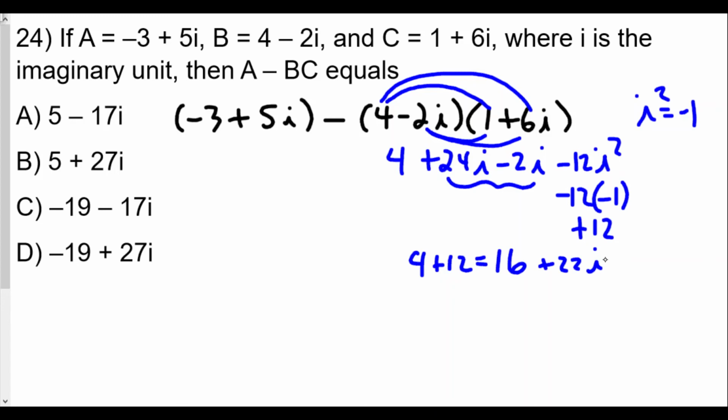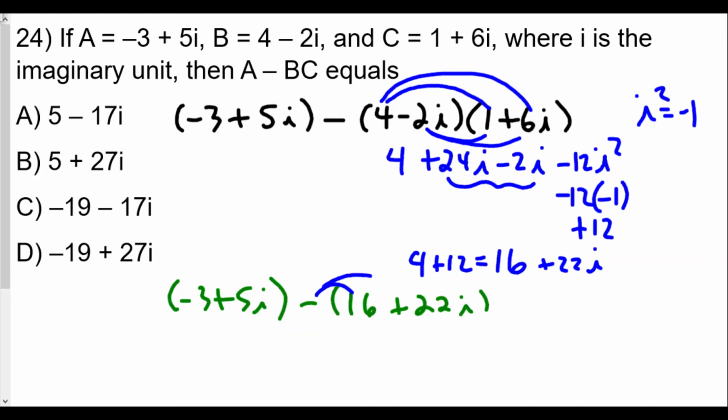So now this becomes negative 3 plus 5i minus 16 plus 22i. But we're going to have to distribute the negative. So in this case, we'll distribute the negative here. We end up getting negative 3 plus 5i minus 16 minus 22i.